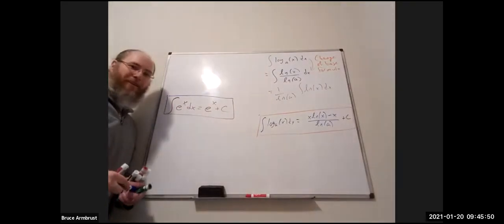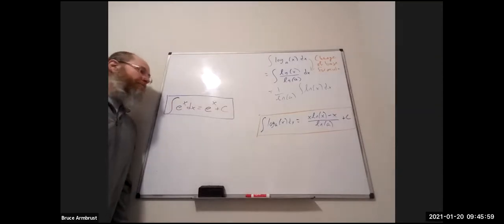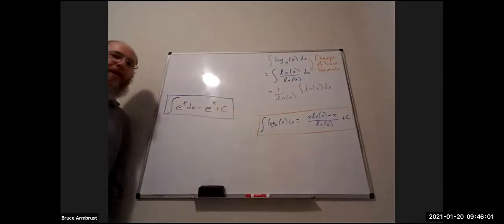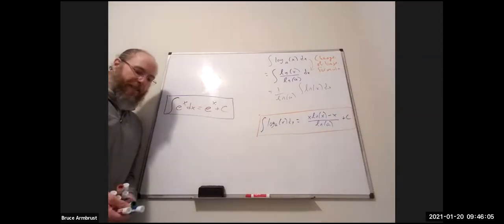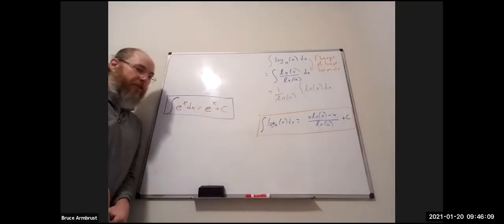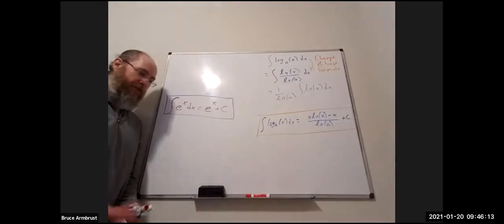Boom, done. Nothing more to do. All right. So that's cool. We love e to the x's. And even if we get things that are not just e to the x, we still like them in general because they are things that turn into e to the x when we do substitutions.